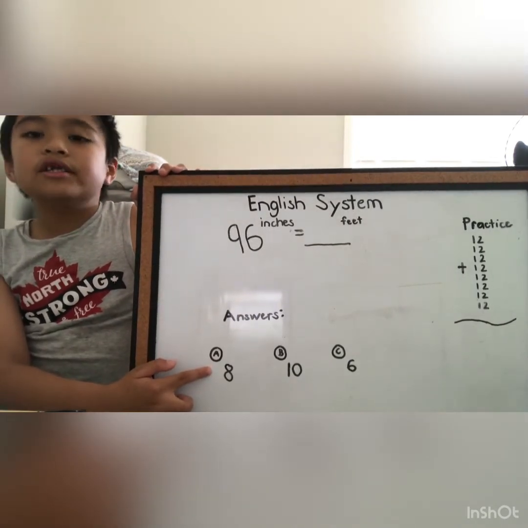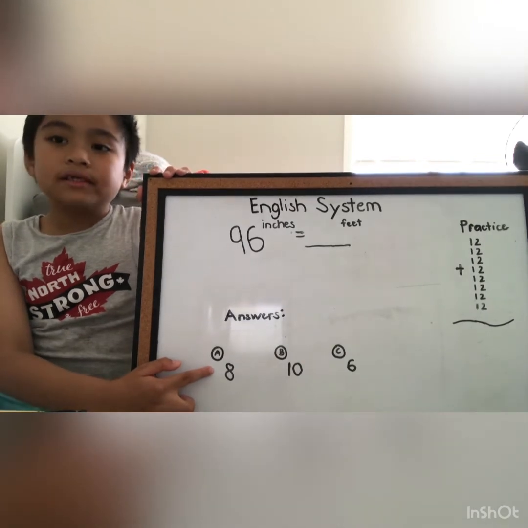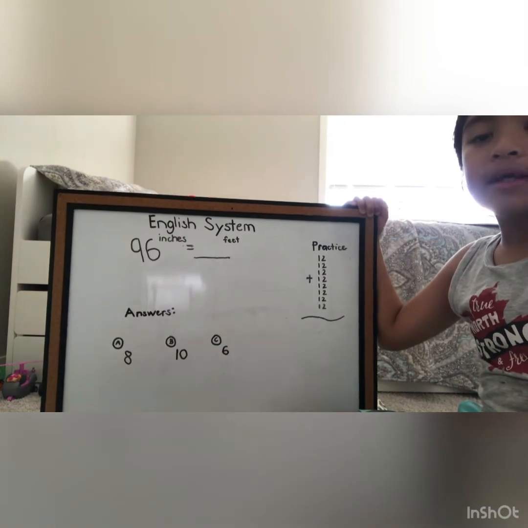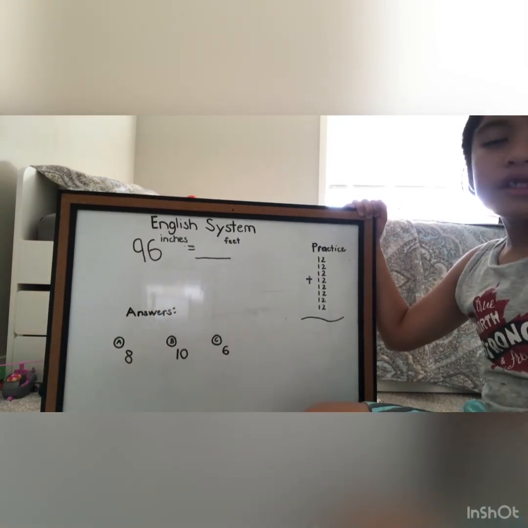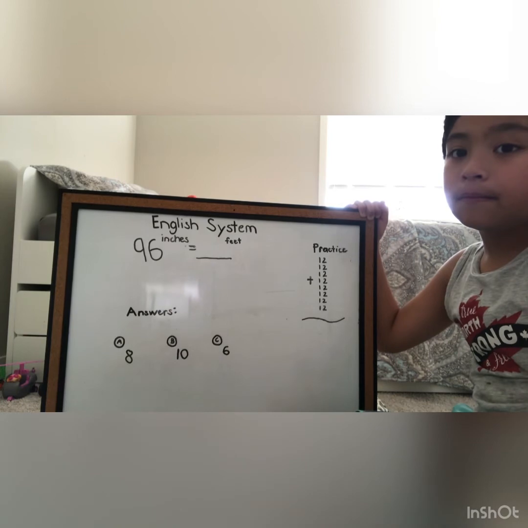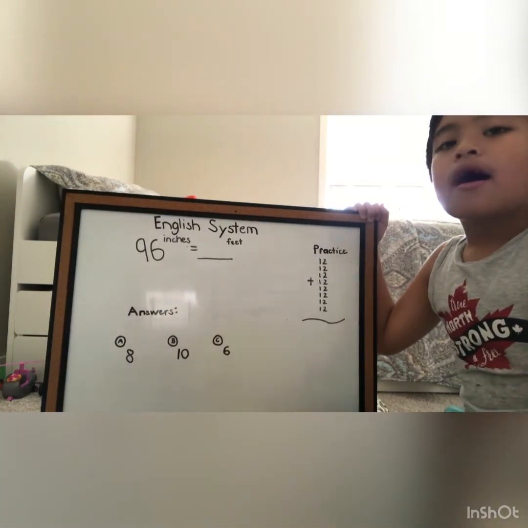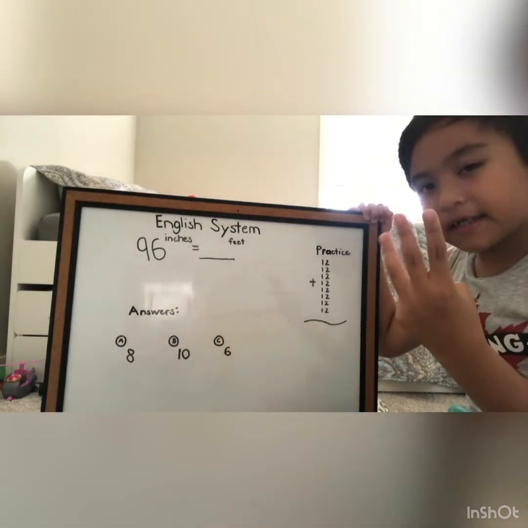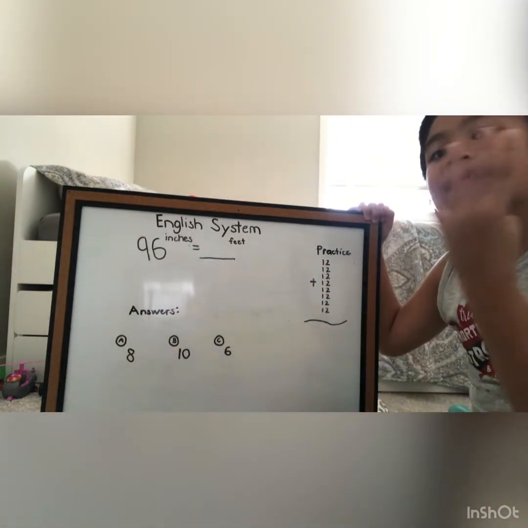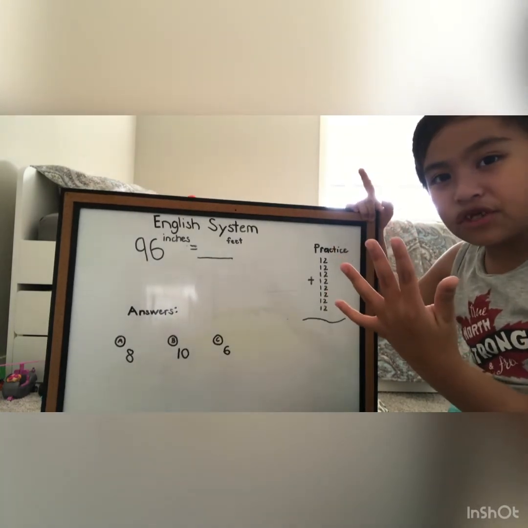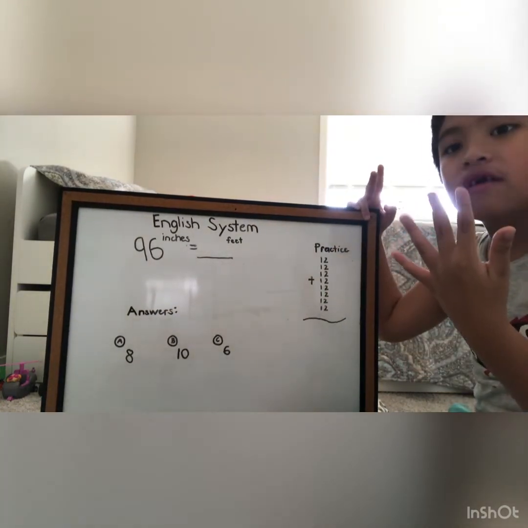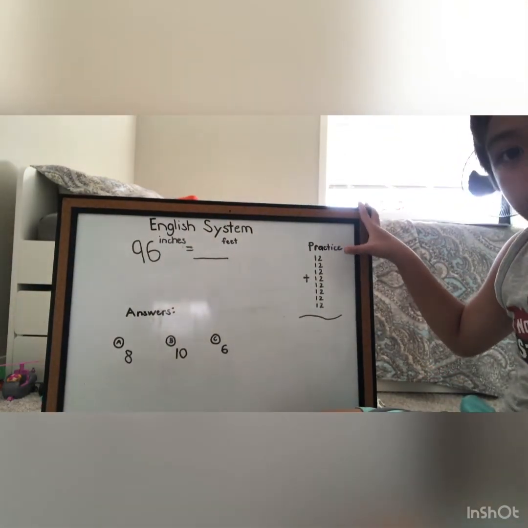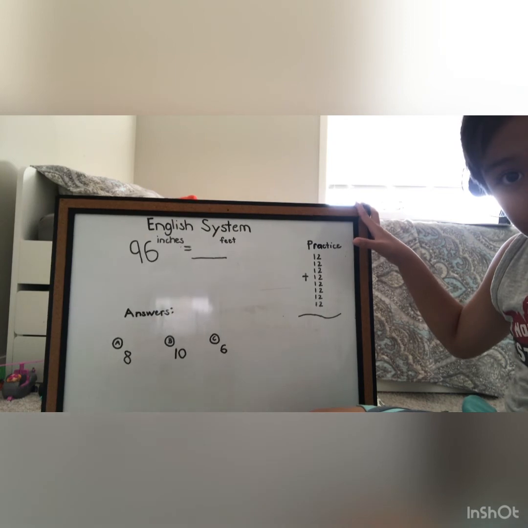Now I'm gonna go to the practice and you'll see why. So here I am near the practice. So think of the 12 times table. 12, 24, 36, 48, 60, 72, 84, 96. So that's why there are 12 eights.